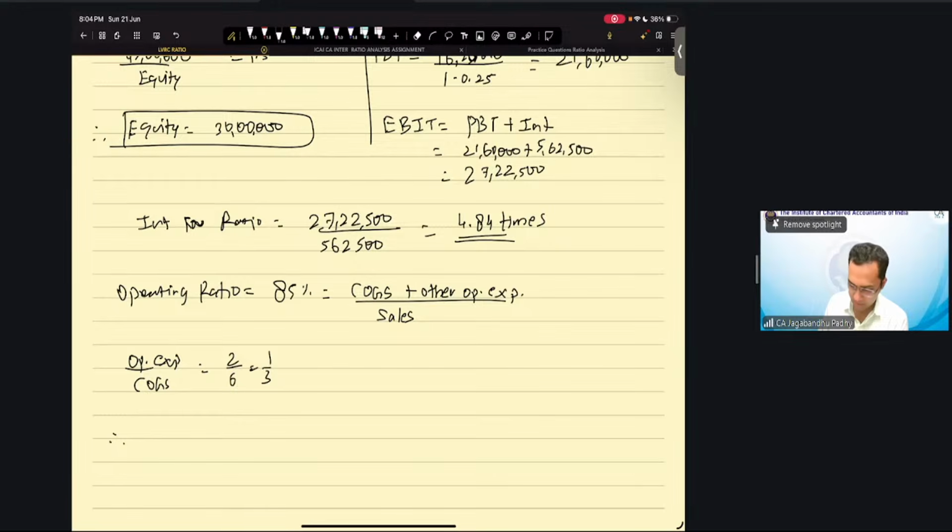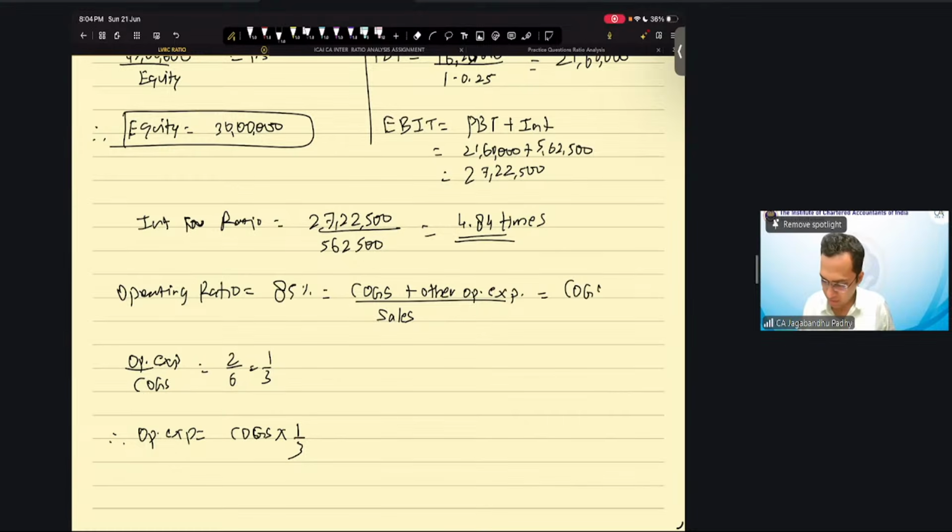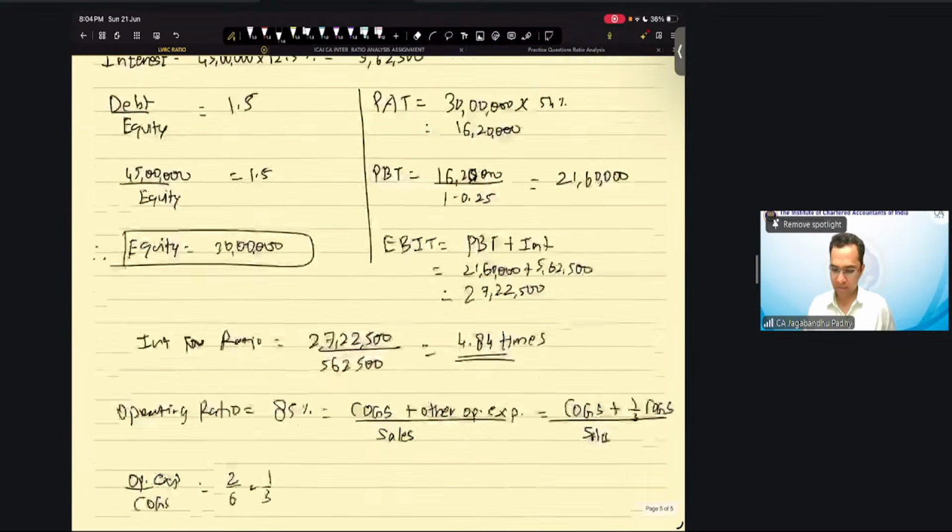So we can definitely say, sir, operating expense I can write as COGS into 1/3. The operating expenses are 1/3 into COGS. So let us say this is COGS plus 1/3 COGS divided by sales.